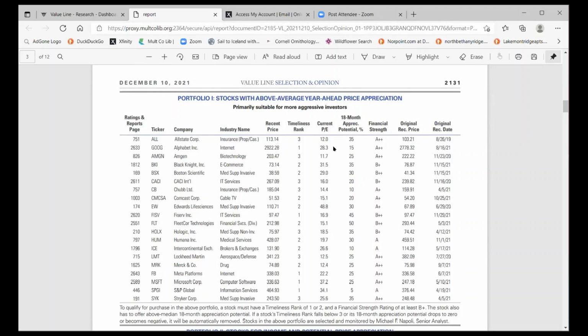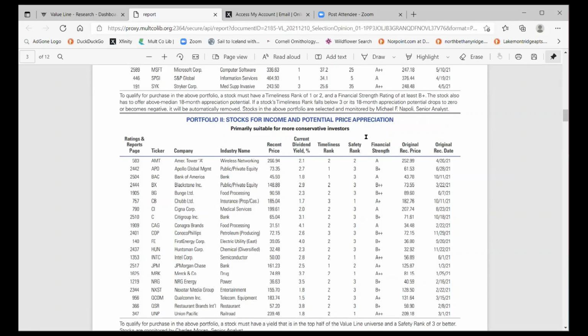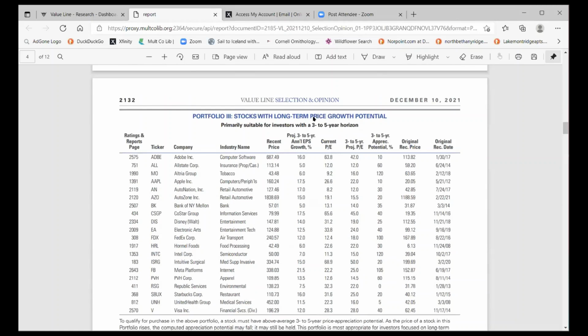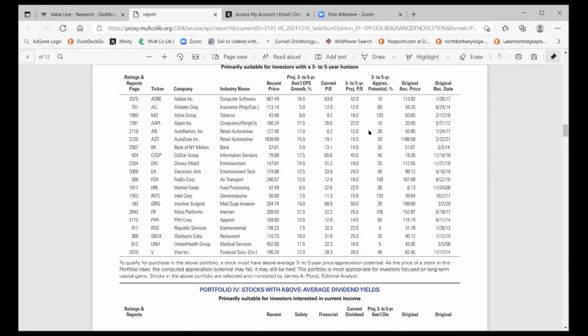Above average year ahead appreciation. Here's income and potential of price appreciation. So these are more what you and I would probably call the standard growth stocks. Then this one down here is the long-term appreciation. These are more the value stocks. And this is my terminology, not theirs, that you'd be looking at.